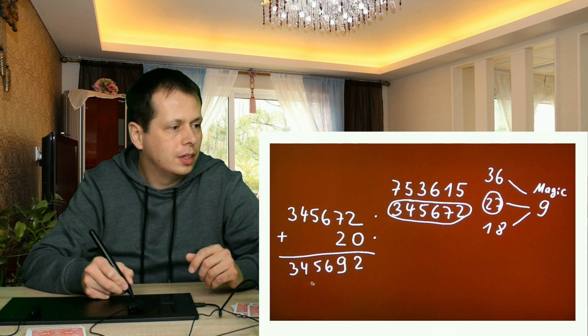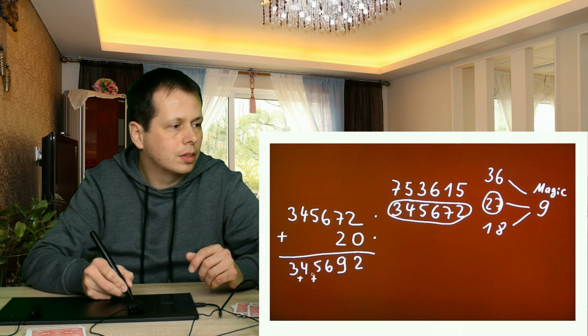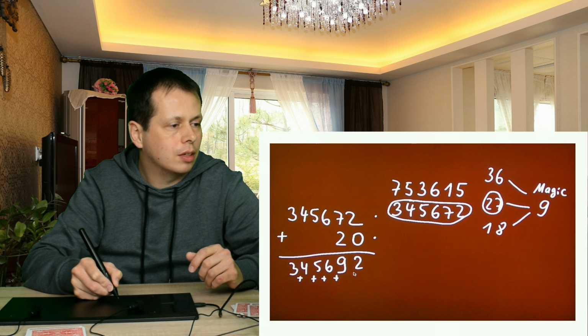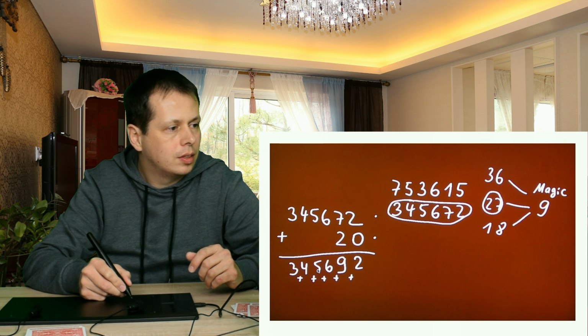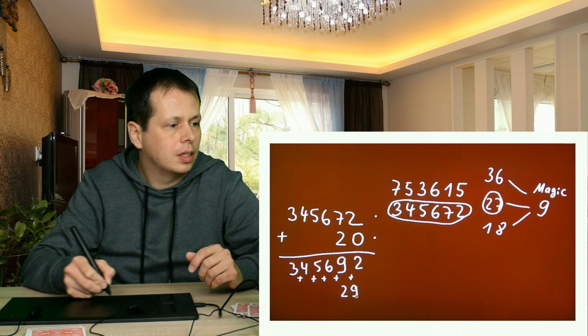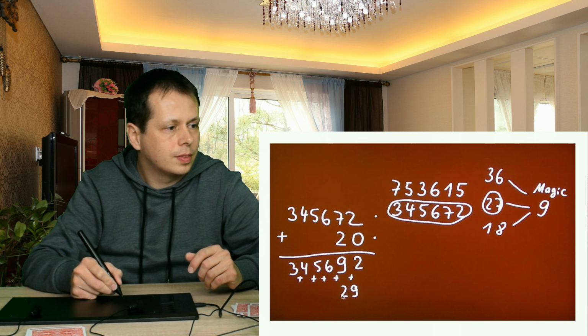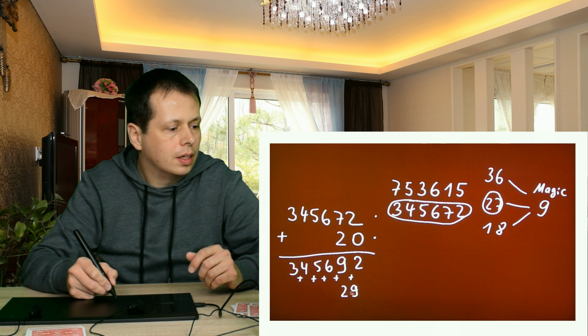And now you sum 3 and 4, 7, 7 and 5 is 12, 18, 27, 29. So 29. And the digit sum 1 is that.